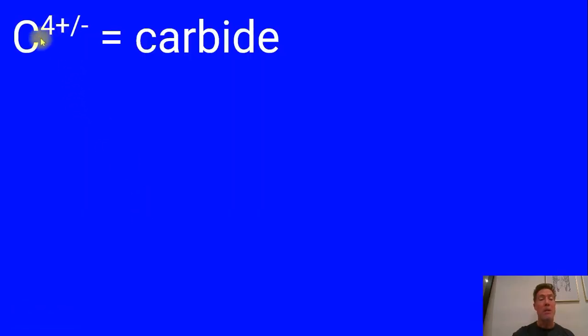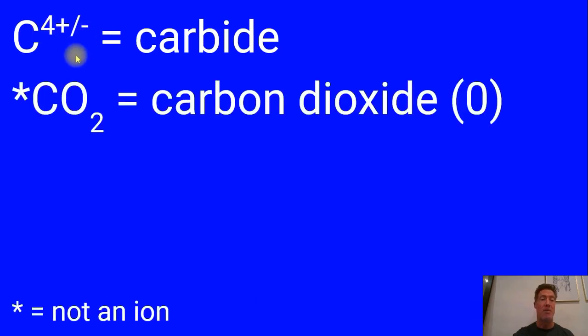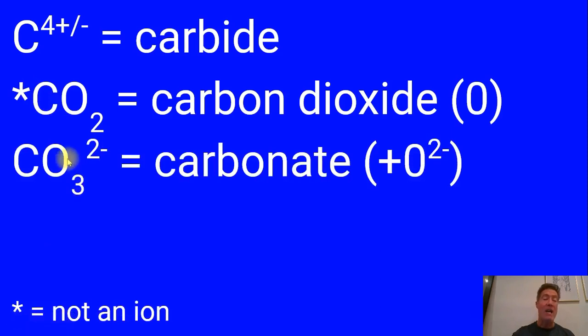All right, when it comes to carbon, again, carbon doesn't usually form ions, but under certain circumstances it would form either a +4 or a -4. So carbon dioxide is, of course, a neutral molecule. All molecules are neutral. So this won't help us, but if you think about carbon dioxide, which is not an ion, and you shove another oxygen into this, because you're adding an extra oxide, which is -2, you make this whole thing a -2.